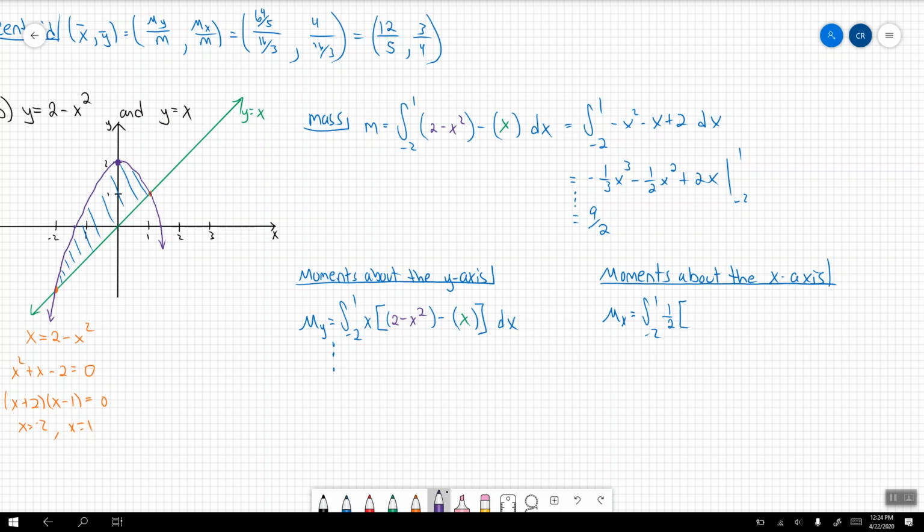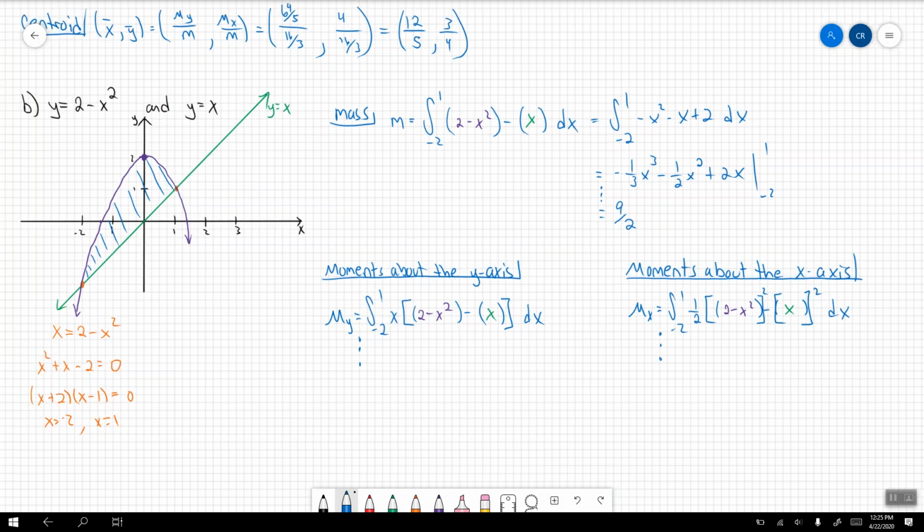The function that's bounding the area, once again, is the top function, 2 minus x squared, minus the bottom function, which is just x. And we're going to make sure that we square these two quantities. So it's that quantity squared minus this quantity squared. And we should be able to get that specific value for that integral for dx. So again, I want you to finish this off.